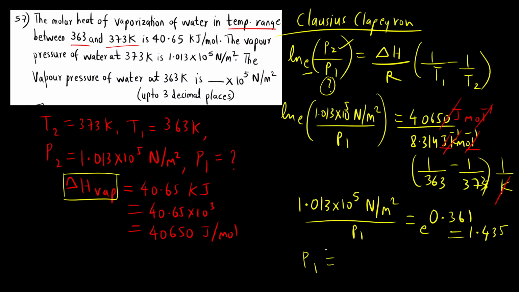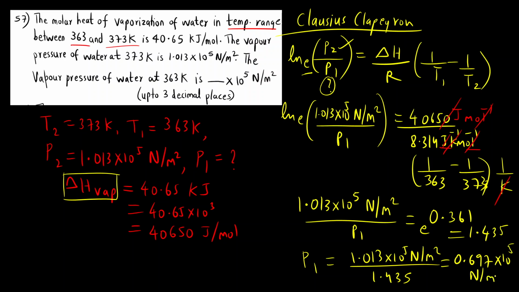So P1 will be 1.013 into 10 raised to 5 Newton per meter square divided by 1.435. Final answer comes out to be 0.697 into 10 raised to 5, up to 3 decimal places, 0.697.